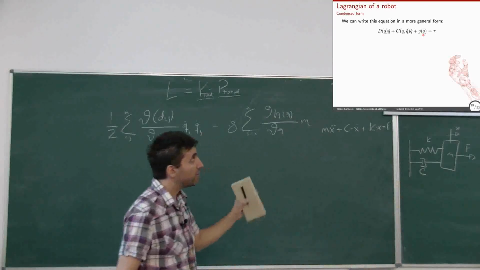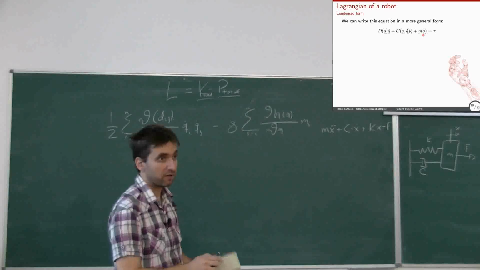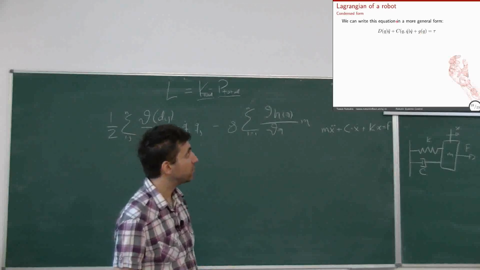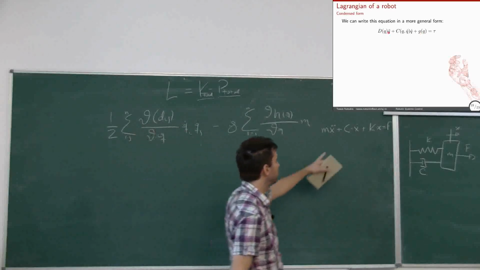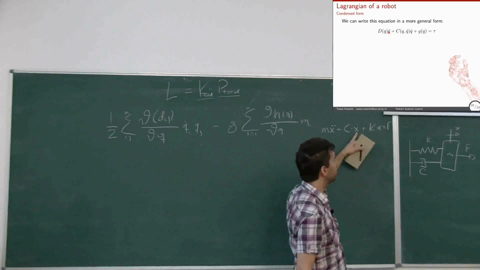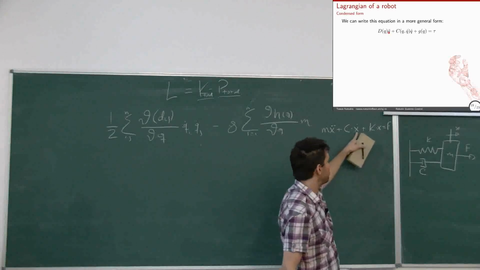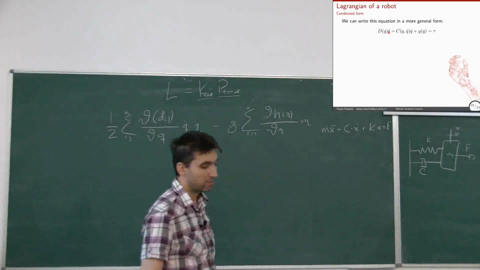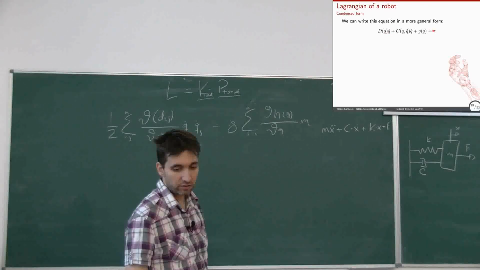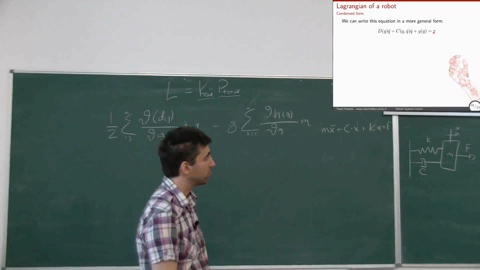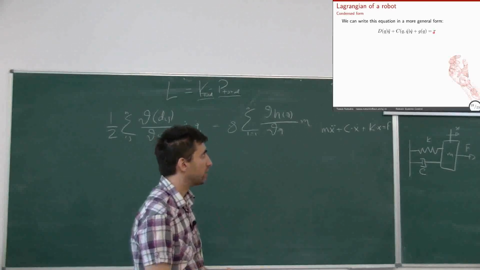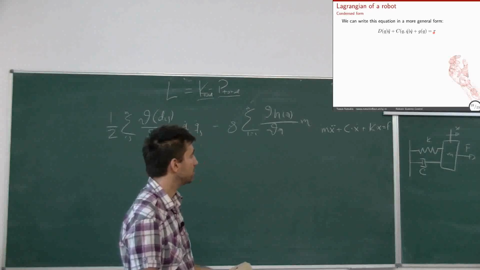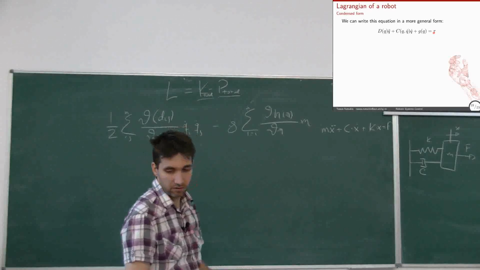Now, if you see, this equation has the same form. It has some terms that depend on acceleration, like this. It has some terms that depend on velocity, and it has some terms that depend on position. And all these things are equal to a generalized force or a torque in our case.